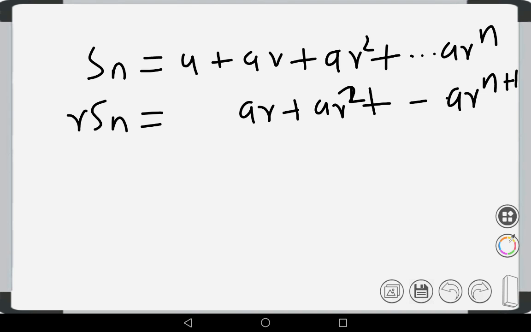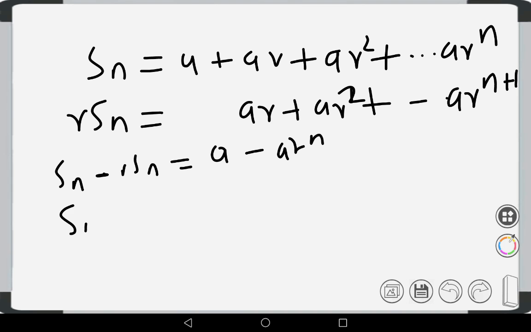Then after that you can say, if we say Sn minus rSn, so this one here, if you subtract it, you are going to get a minus ar^n.